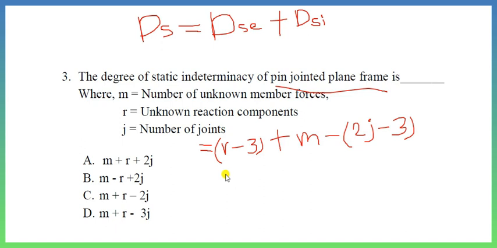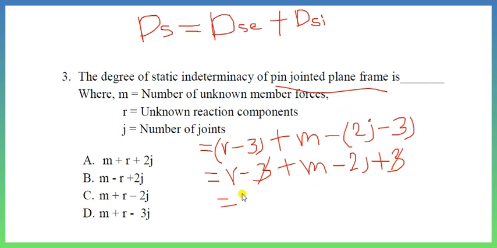So after simplifying this, we will get R minus 3 plus M minus 2J, this minus gets plus, so this minus 3 and this plus 3 will get cancelled and the equation remains R plus M minus 2J.